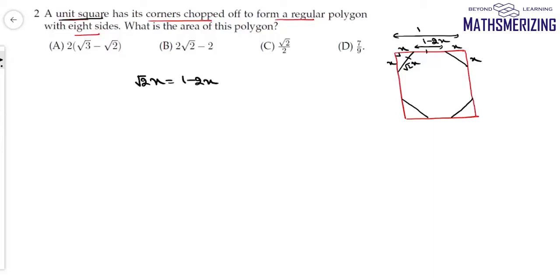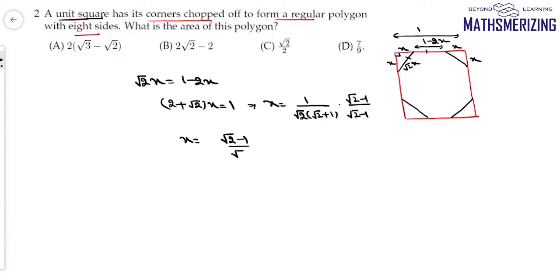Then from here I'll write (2 plus root 2) into x is equal to 1, or x is 1 upon, I'll take root 2 common, and then root 2 plus 1. So if I rationalize it, I'll multiply by root 2 minus 1 upon root 2 minus 1. Then the value of x is simply (root 2 minus 1) upon root 2, or I'll simply write it as 1 minus 1 upon root 2.